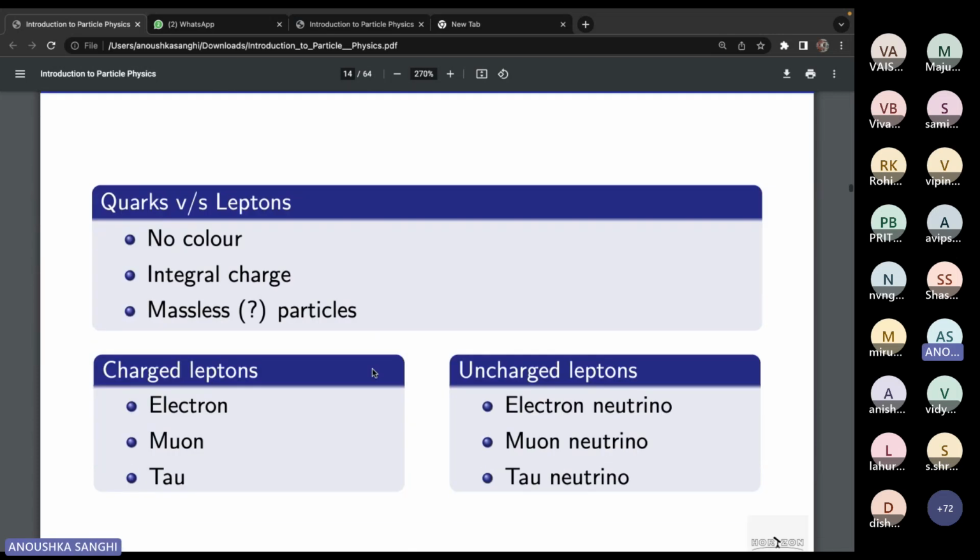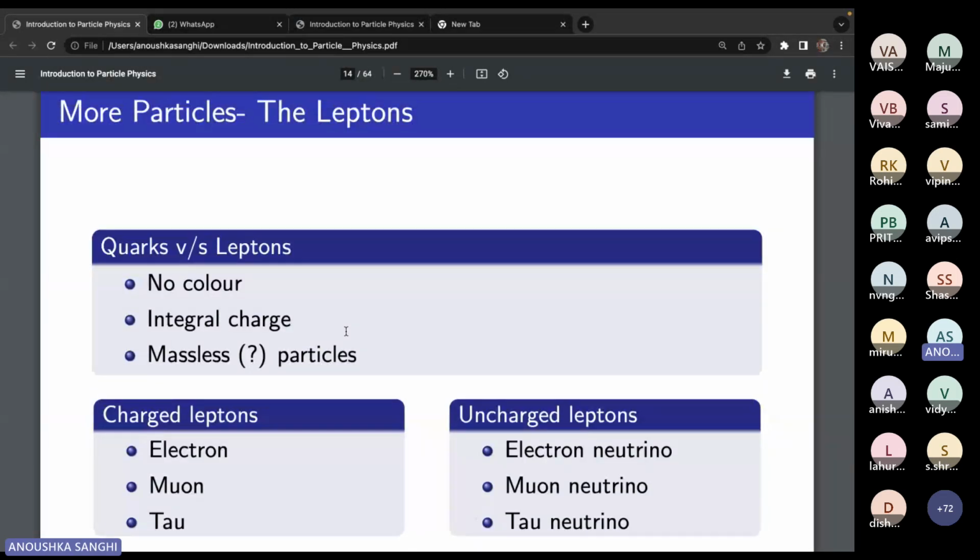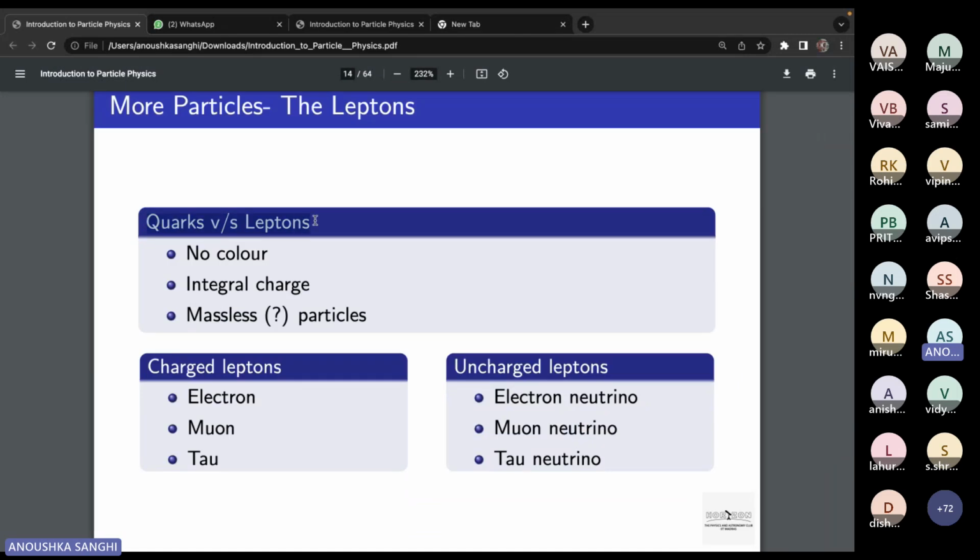And if we come to leptons, there is something given called quarks versus leptons. So again, there is color. I'll explain color later, because you need that concept in the strong force. It's not like usual color, where red should have some reason. There is no reason why a quark is red, blue, or green, like that.